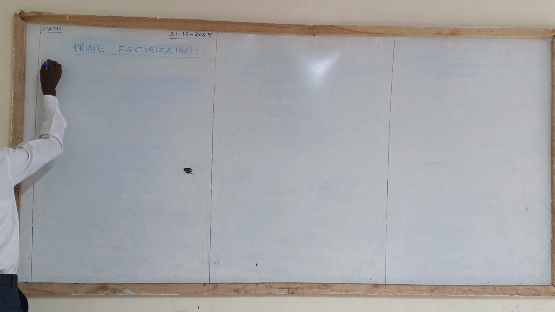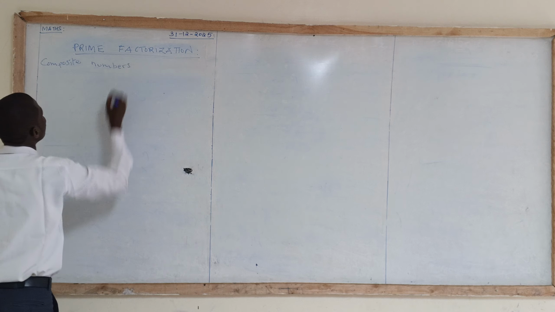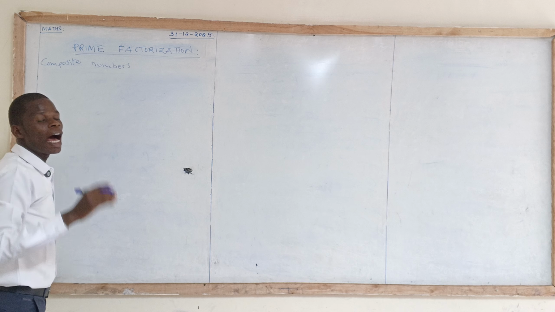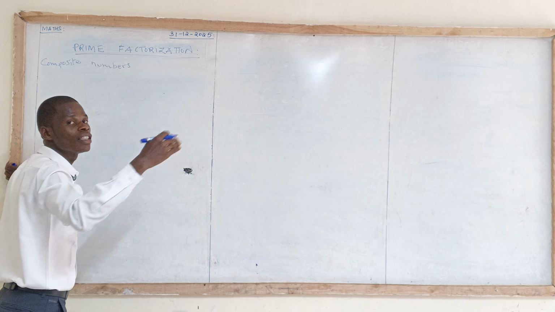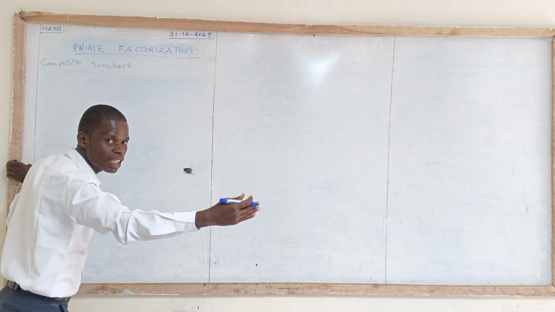What are these composite numbers? Numbers with more than two factors. Numbers with two factors, we call them prime numbers. Remember, that is what we said last time. Then we have numbers with more than two factors. What name will we give them?